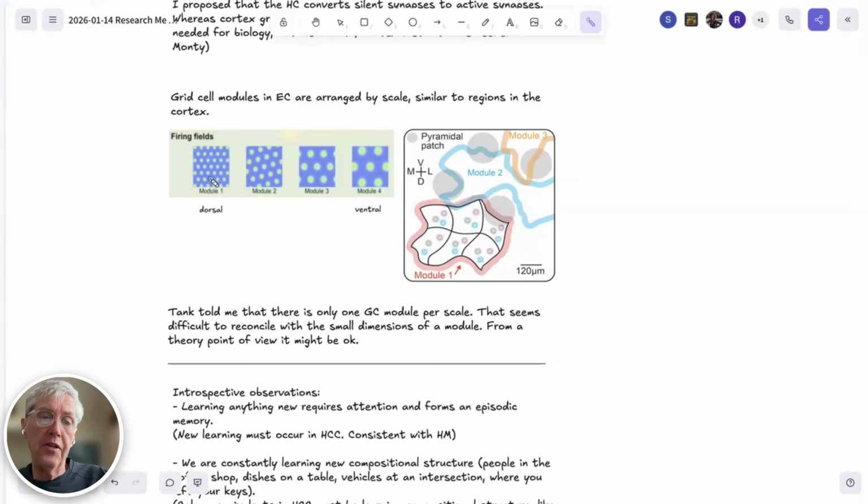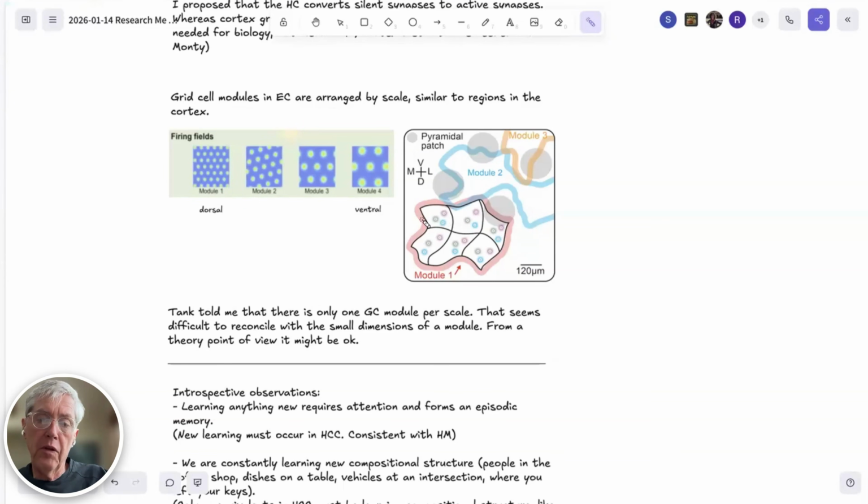These little dots represent where a particular grid cell, one cell, would respond in an environment on multiple occasions. In another grid cell module, a cell would respond to multiple places, but they're further apart. In another, they're further apart still, and so on. So you have a series of these aligned in a row.